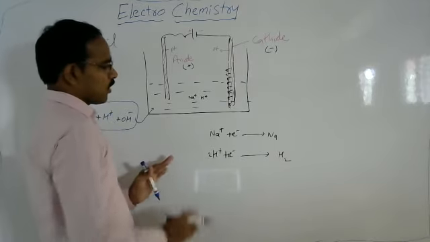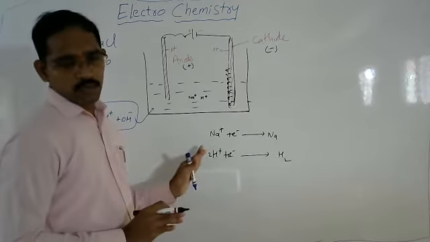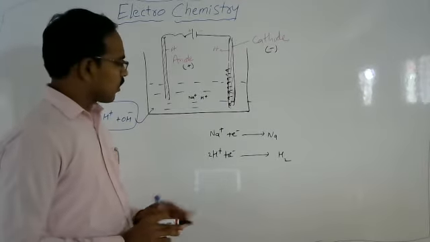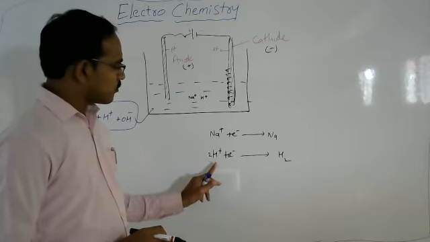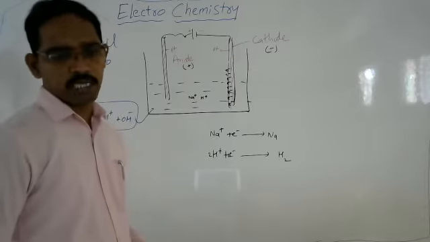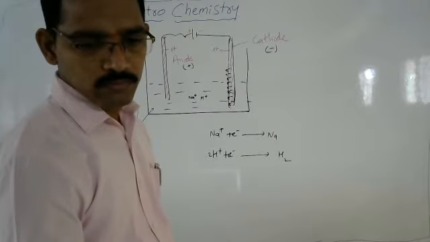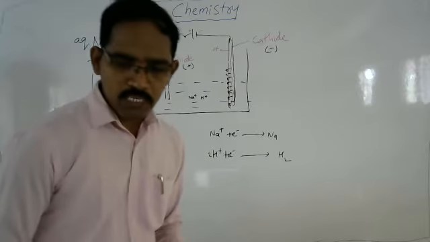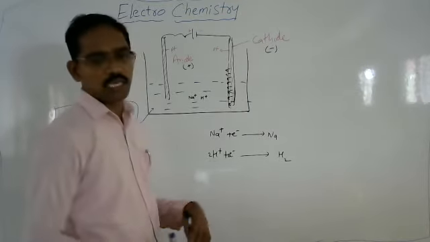Right. Now, in these two possibilities, which reaction takes place in this case? Either Na+ will take the electron or H+ will take the electron and form hydrogen. Which reaction will take place? Yes, H+ will take the electron, because sodium is highly reactive.